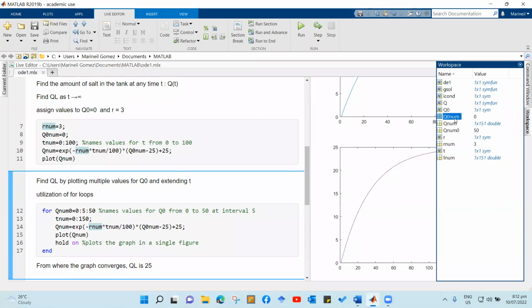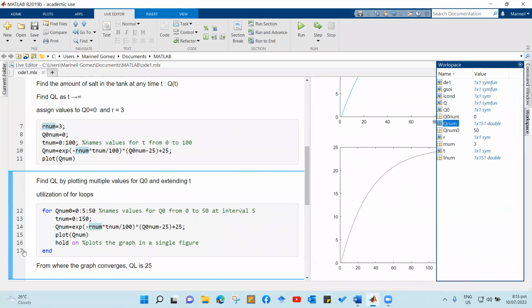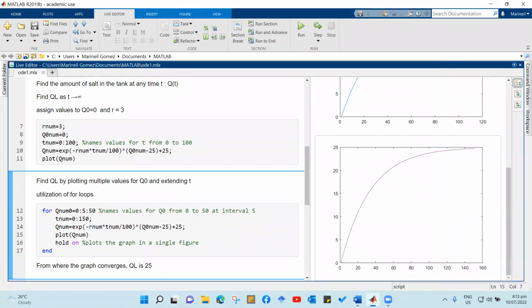Q num. This is a double value. Zero to 50. 25. Why does it look like that?